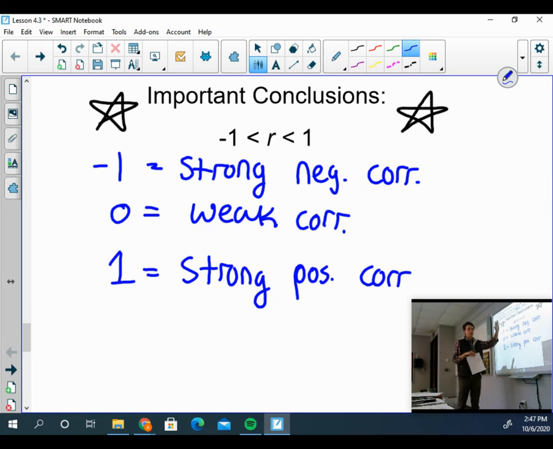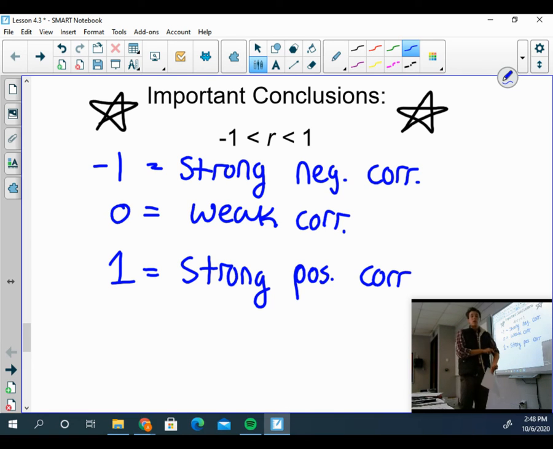This is what you need to know. If the theory sounded like I was speaking in French, it's okay. But what you have to know is the strength of the relationship between two data values in a scatter plot is determined by this correlation coefficient R. And the consequences of that are what's in blue.